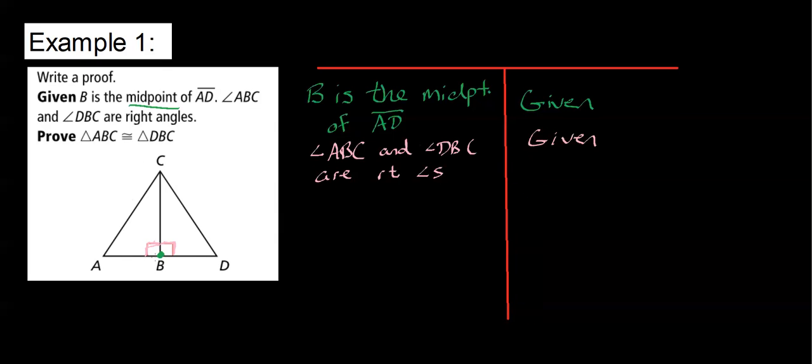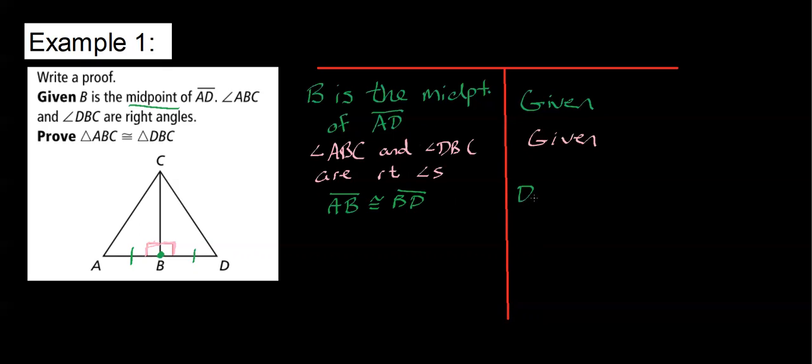A midpoint divides a segment into two congruent segments. So if B is the midpoint, then in terms of congruency, we know that segment AB is congruent to segment BD. So we're going to write that step right here. So that's pulling directly from our given that B is the midpoint. So segment AB is congruent to segment BD. How did we know that?